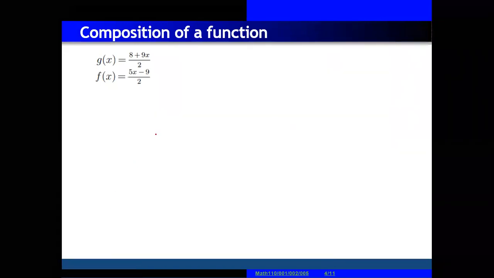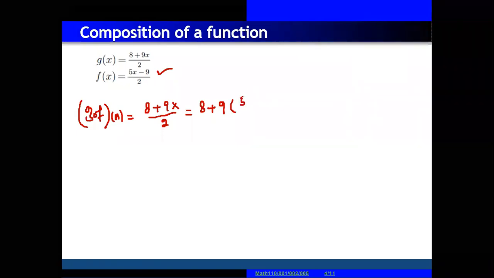We have g and f. I want to find g composition with f. First of all, write down the g function: 8 plus 9x divided by 2. Now replace x with what? The f function. So we have 8 plus 9 and replace x with the f function.